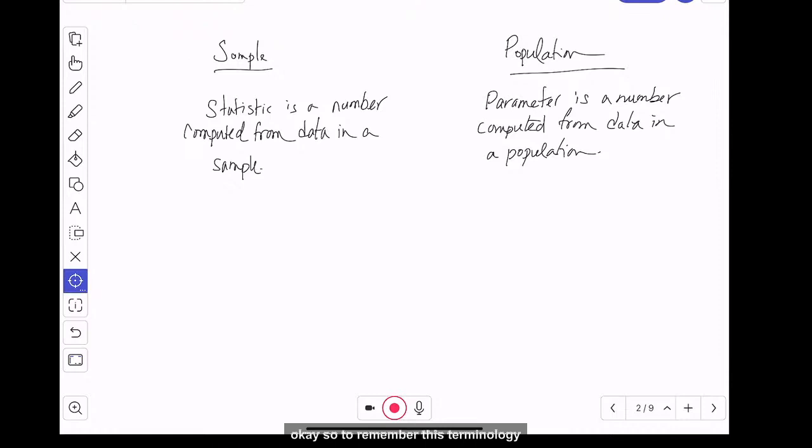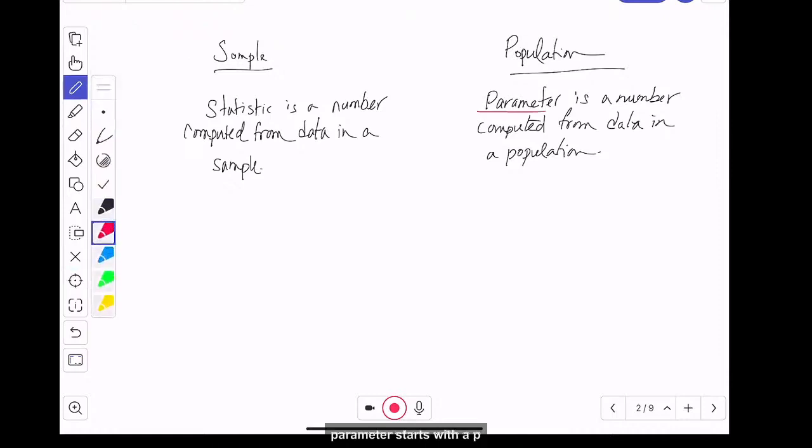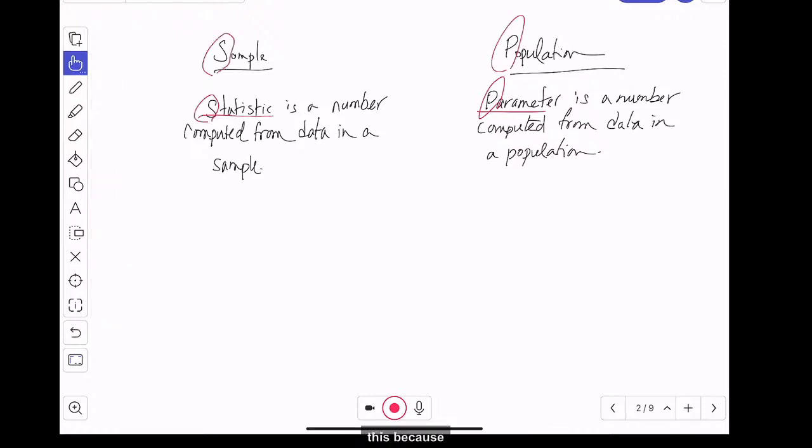Okay, so to remember this terminology, parameter starts with a P, and population starts with a P, and statistic starts with an S, and sample starts with an S. I'm saying this because people use the term parameter quite loosely, and it's very specific in statistics. It refers to the possibly unknown characteristic of a variable.